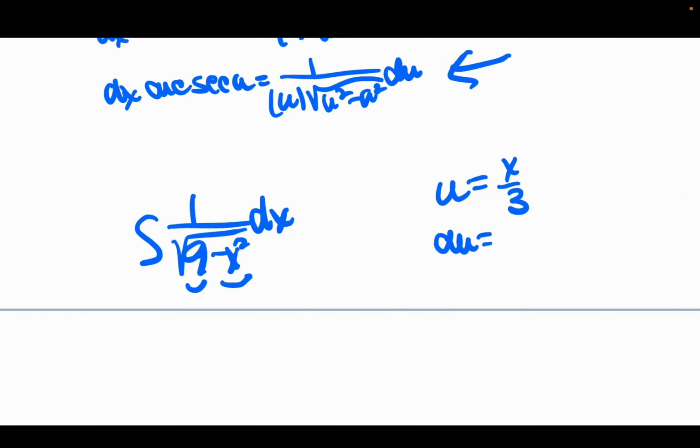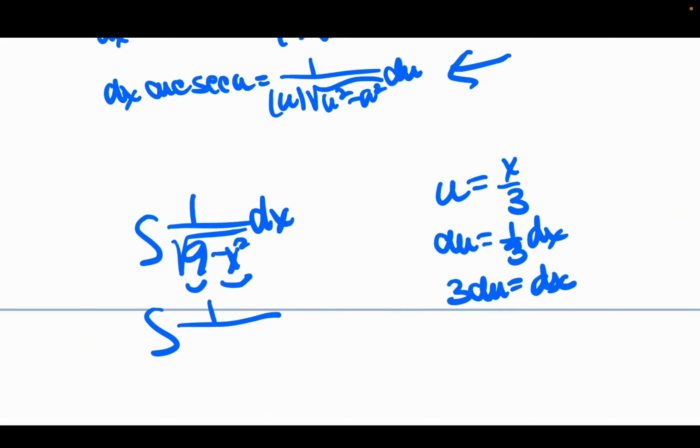So then I'm going to get du is 1/3 dx, gives me 3 du equals dx. Now let's sub in. I have 1 over the square root of 9 minus x squared. So now I have to go up here and do something weird with x. The whole reason I'm doing this is I'm trying to get one of these inverse trig functions.